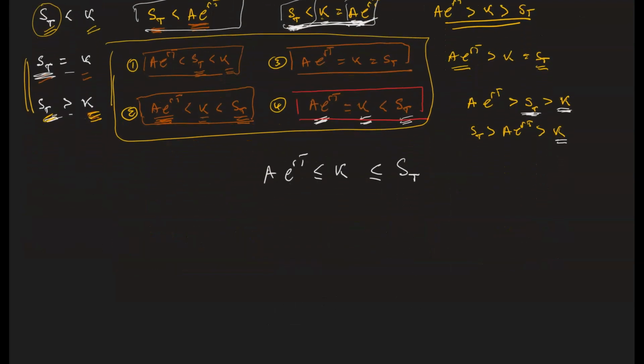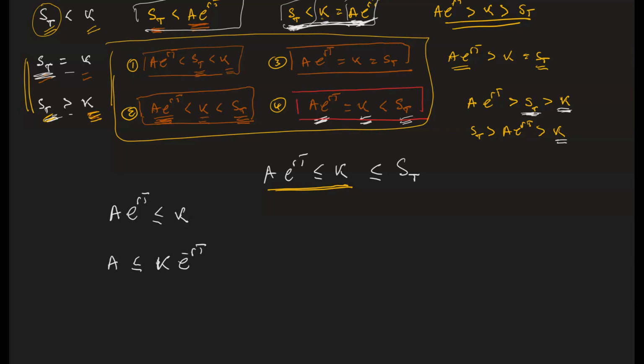Alright. Now, let's take these first two components. Well, for the first two components, what do we have? We have A, which is whatever we have left, future value, is less than or equal to our strike price. What does that mean? It means that A is going to be less than or equal to the present value of our strike price.